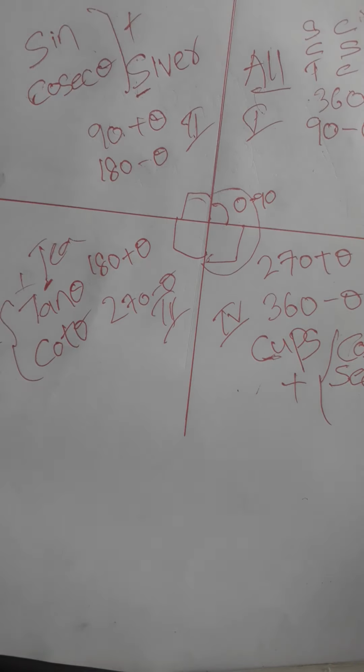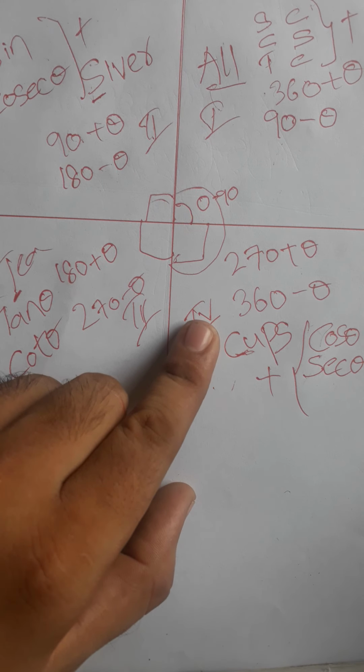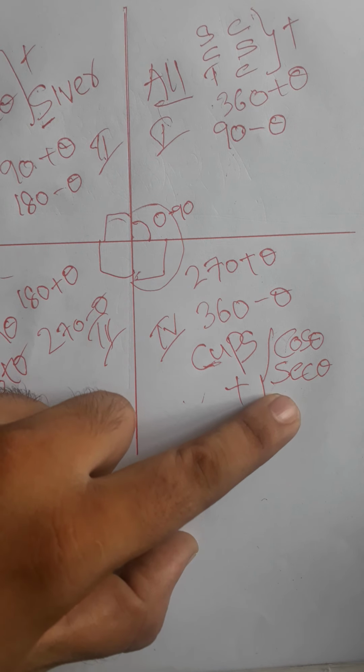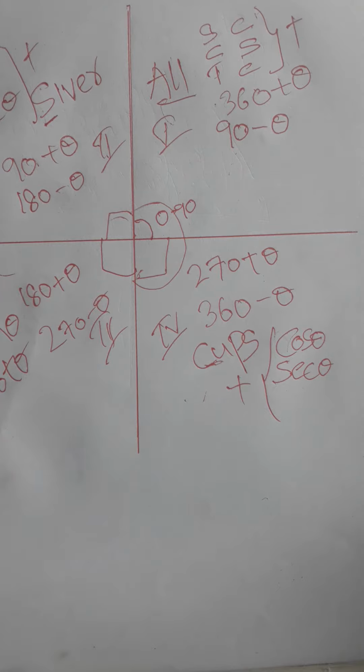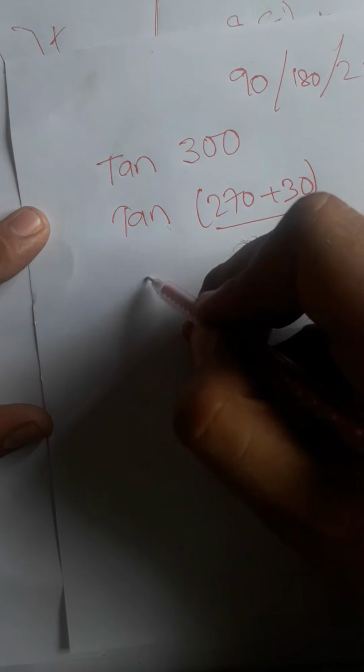So tan of 270 plus theta. First of all, 270 plus theta is in which quadrant? 270 plus theta is in the fourth quadrant. In the fourth quadrant, cos and sec are positive. Was the question tan? Tan is positive, not negative.